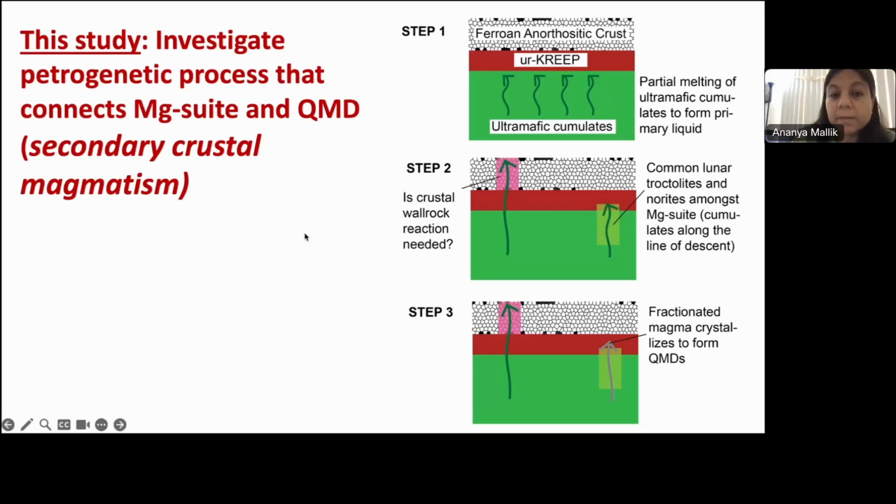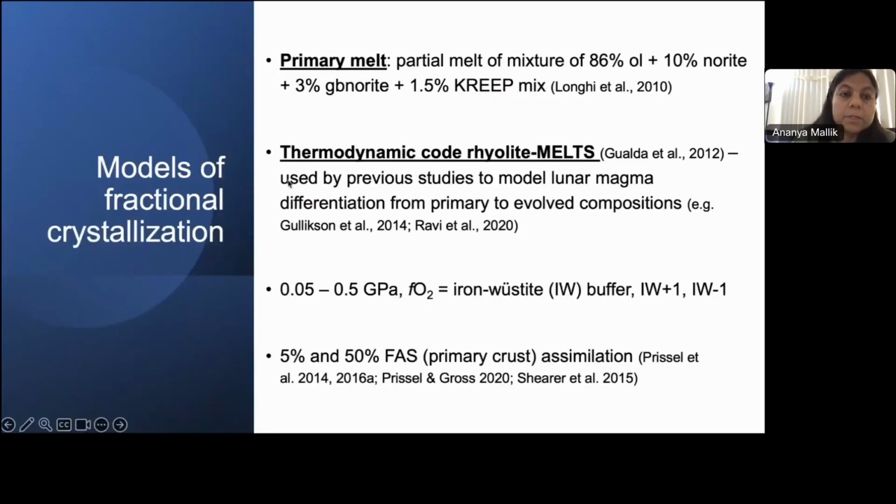And there may be some interaction with the primary crust as well. And in these models, we'll actually assess the extent to which this interaction with primary crust is required to explain these different crustal lithologies. So what we have done in this study is basically run models of fractional crystallization.